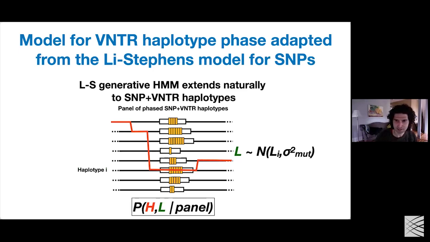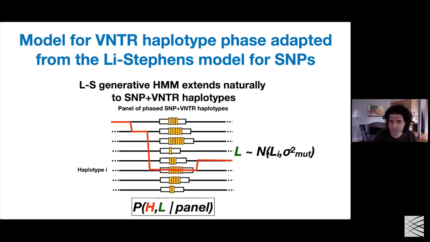The VNTR length is drawn from a normal distribution whose mean is the length of the allele of the copied haplotype as defined by the HMM hidden variable. So in this instance, if we're making this red haplotype, at the VNTR, the red haplotype is copied from the reference haplotype I. So we're going to draw the length of the allele from a normal distribution centered at the length of haplotype I's VNTR.